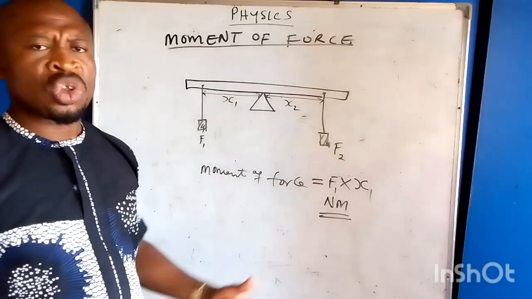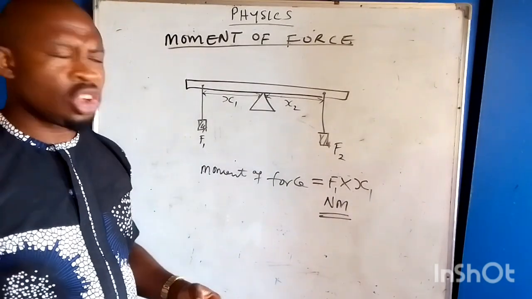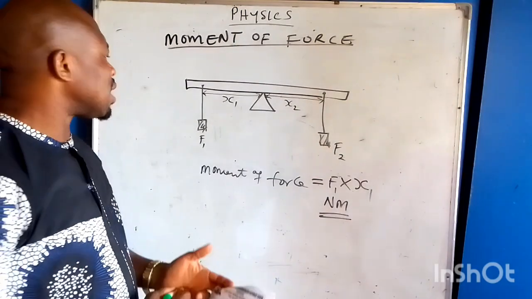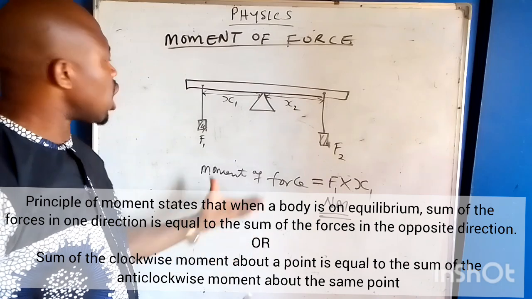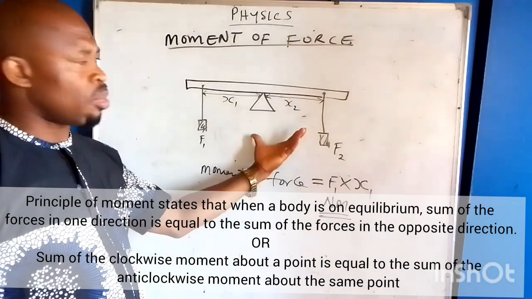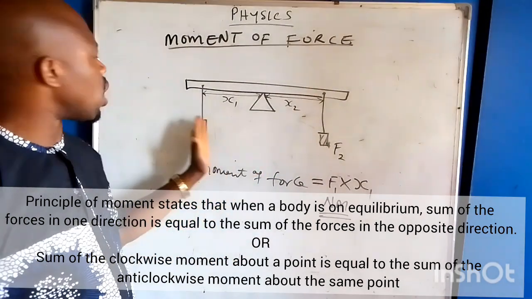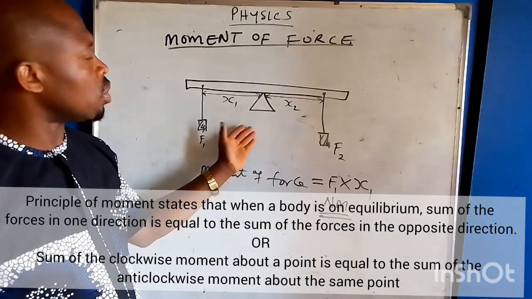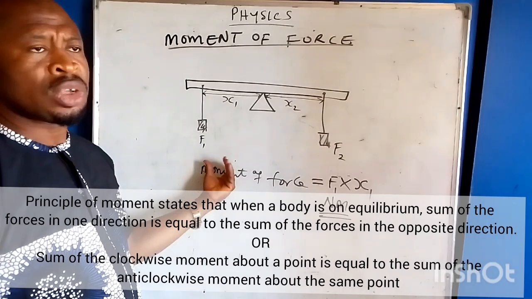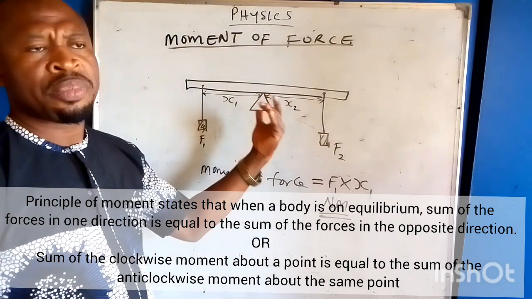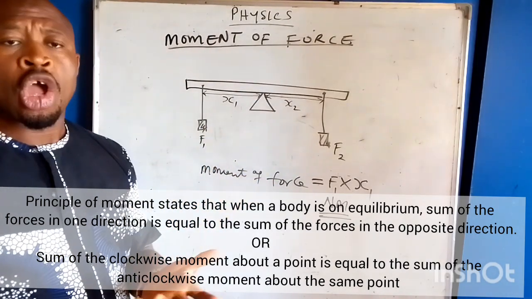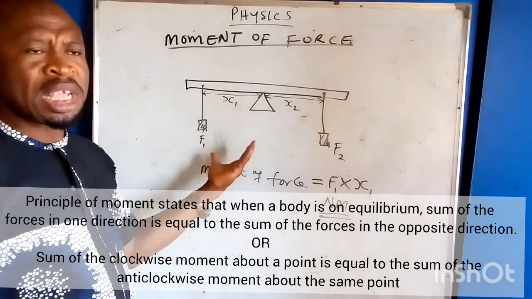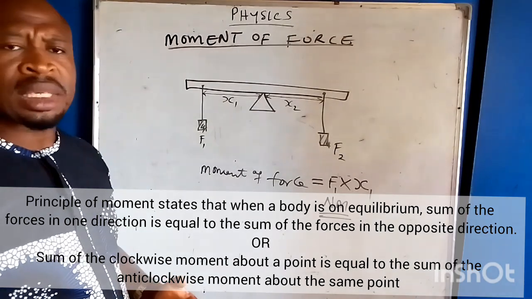Now let us look at the principle of moment. The principle of moment states that if a body is in equilibrium, then the total force in one direction is equal to the force in the other direction. Or it can be stated that clockwise moment is equal to anti-clockwise moment.